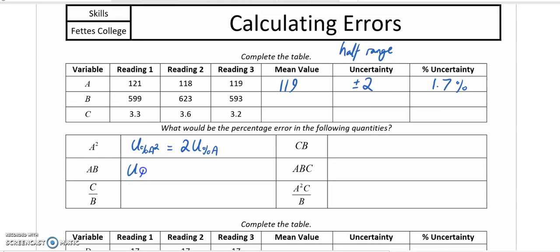The percentage uncertainty on A times B is the percentage uncertainty on A plus the percentage uncertainty on B. C over B, percentage uncertainty on C plus the percentage uncertainty on B. C times B, percentage uncertainty on C plus the percentage uncertainty on B.